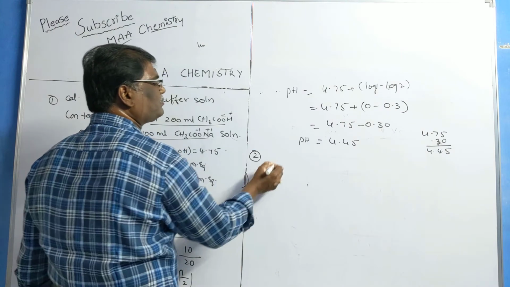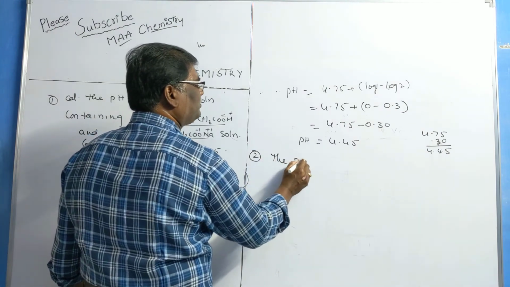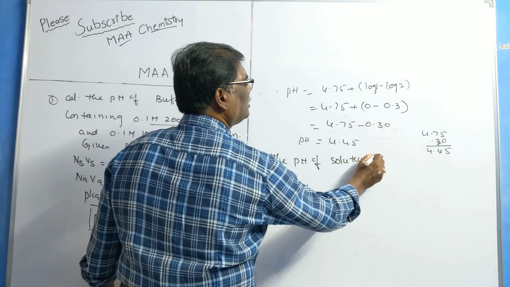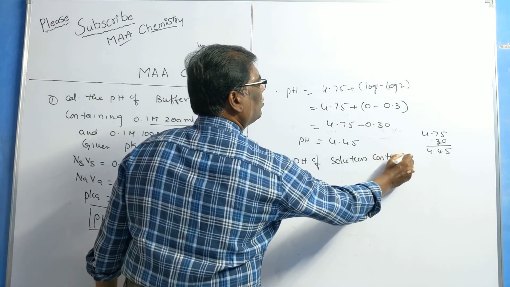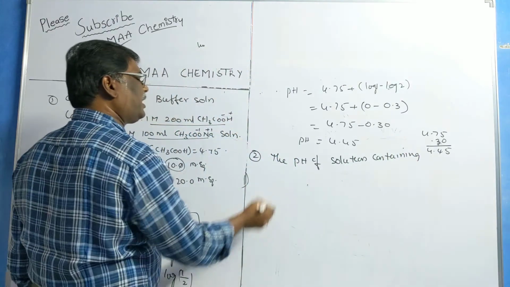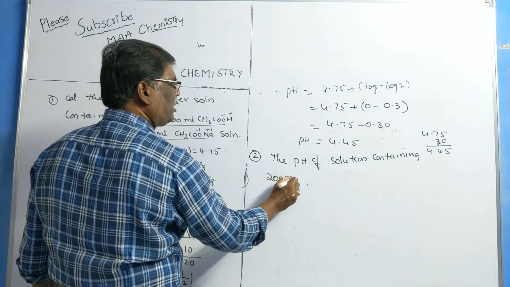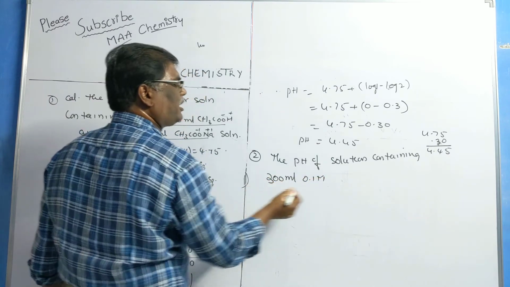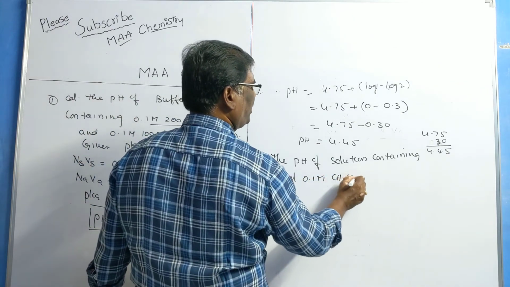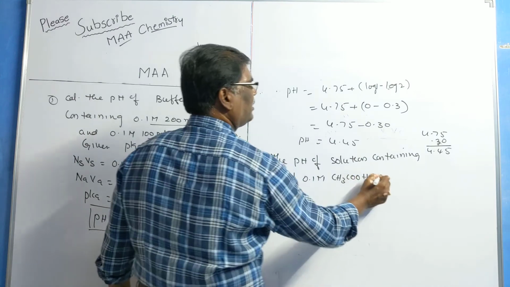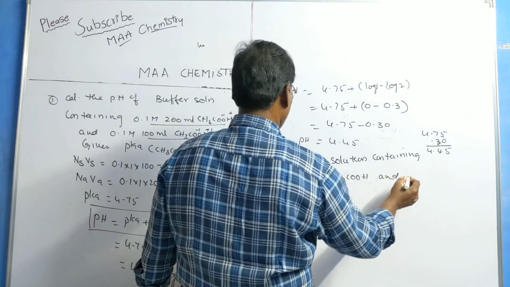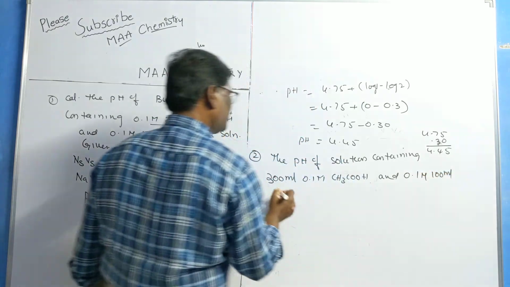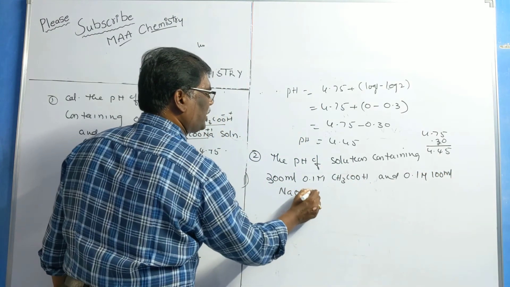Second problem. Find the pH of a solution containing 300 ml of 0.1 molar acetic acid and 100 ml of 0.1 molar sodium hydroxide solution.